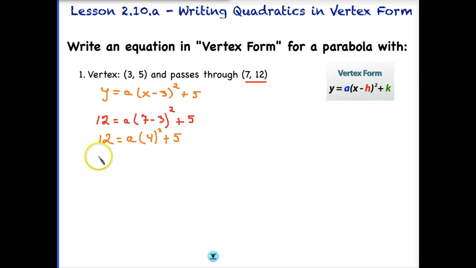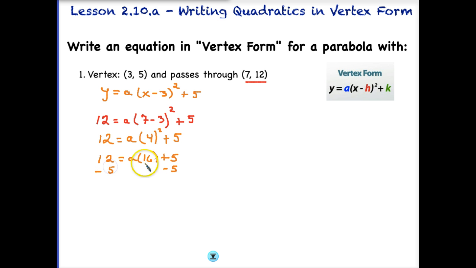The next thing after parentheses is our exponents, and I do have an exponent, so I can take 4 and raise it to the second power. That will give me 16. 4 times 4 is 16. Okay, so now I'm in a place that's comfortable, something I'm familiar with. Now I will go ahead and do my addition and subtraction and move that over.